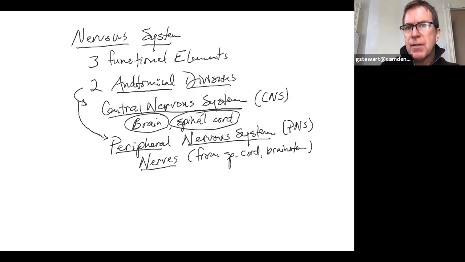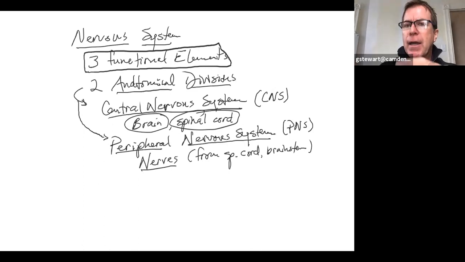Now, these divisions, just put this on hold for a minute, three functional elements. Before I get off of the two anatomical divisions, I'm going to add what each of these does. The central nervous system is largely involved with what we call integration and processing. We call it the control center.